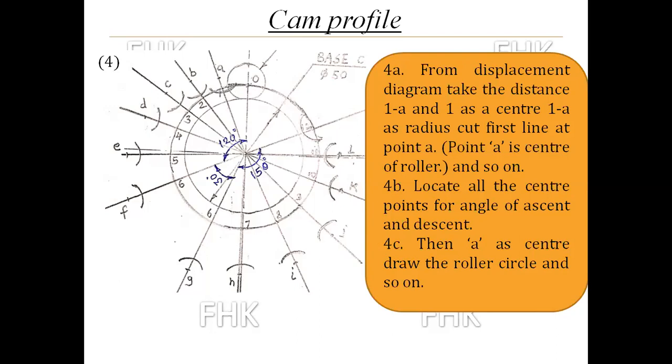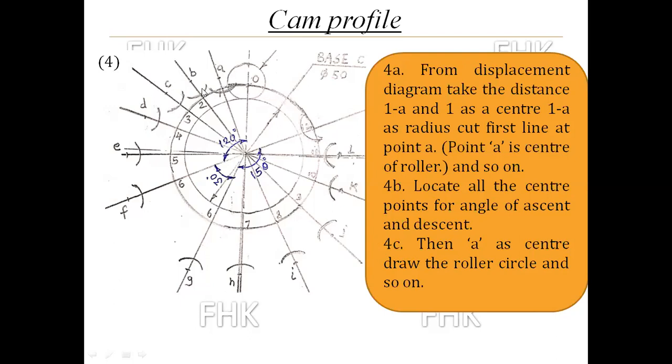You don't change in the compass that dimension 7.5, which is nothing but the radius of the roller. Then with A as a center, draw the radius of the roller. B as a center, draw the roller, second position. C as a center and 7.5 as a radius, draw the circle.